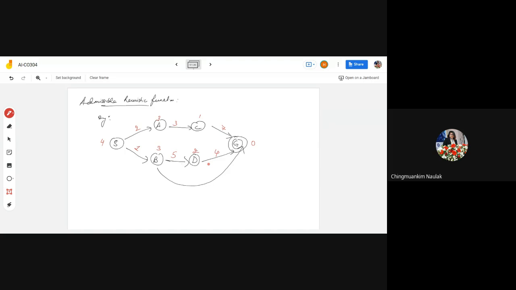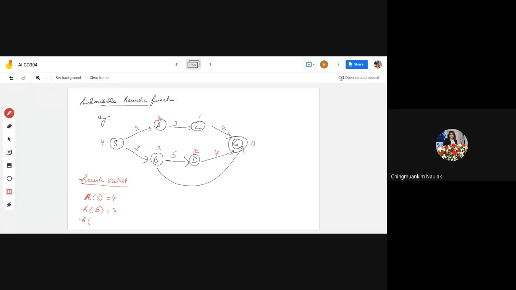Now the heuristic values are given to you. If you have to write down the heuristic value of S, it would be 4, right? Heuristic value of B is 3.